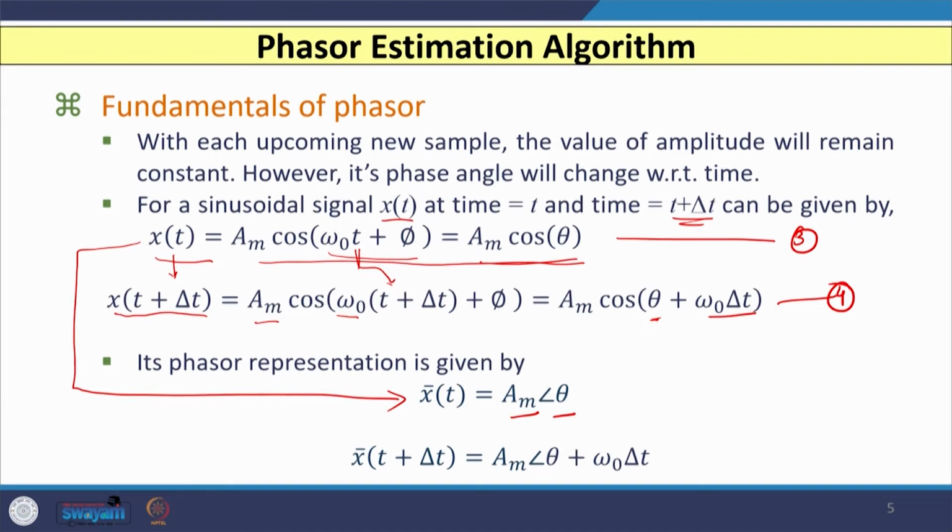However, if I calculate the phasor value of x(t plus delta t), then its phasor value is given by this equation, that is Am angle theta plus the additional term omega 0 into delta t. That is why whenever a new sample is available, the value of amplitude remains constant. However, there is only a change in the phase angle and it changes with reference to time.